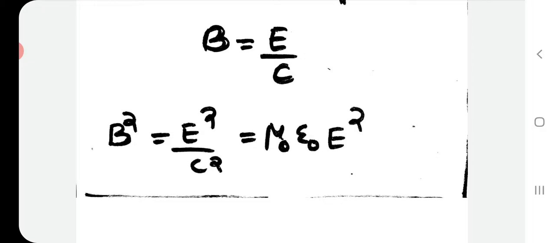So c square is equal to 1 over mu 0 epsilon 0. So B square equal to E square by c square, that is equal to mu 0 epsilon 0 E square.